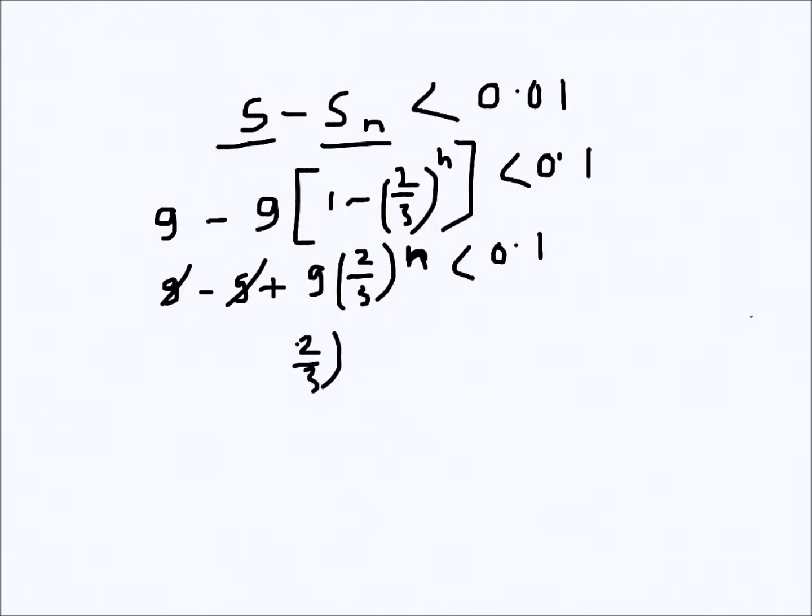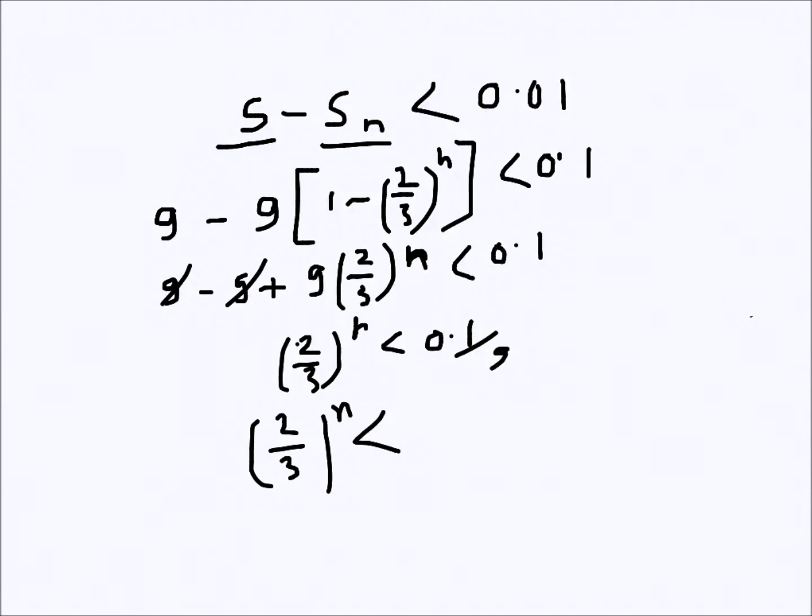Before that, let's take the 9 to the other side, so it becomes 2 over 3 to the power n is less than 1.11 times 10 to the power minus 3.